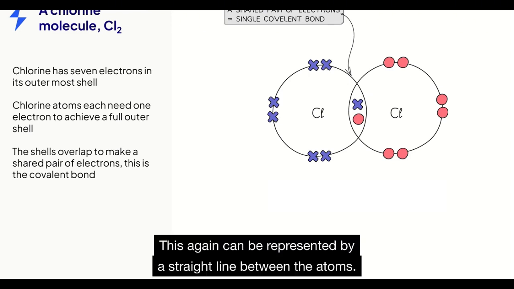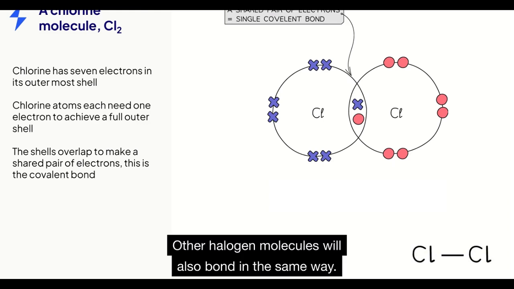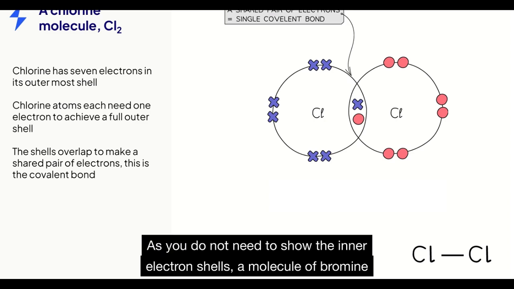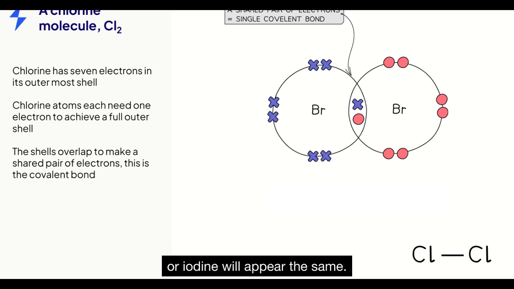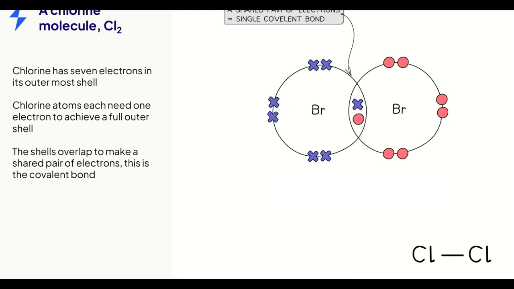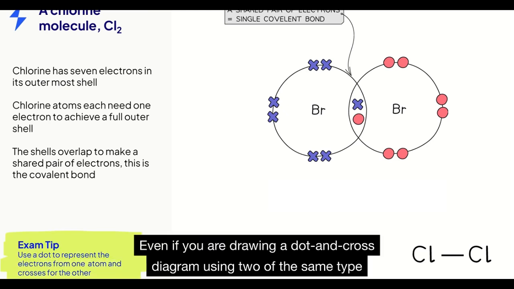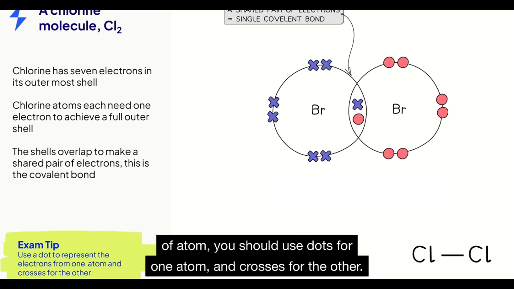This again can be represented by a straight line between the atoms. Other halogen molecules will also bond in the same way. As you do not need to show the inner electron shells, a molecule of bromine or iodine will appear the same. Even if you are drawing a dot and cross diagram using 2 of the same type of atom, you should use dots for one atom and crosses for the other.